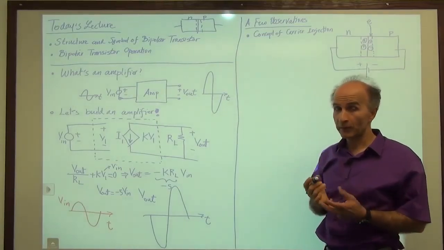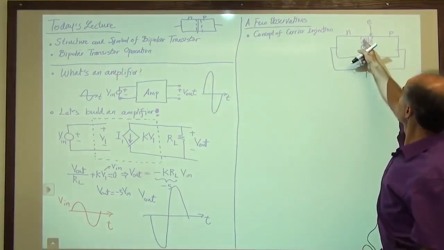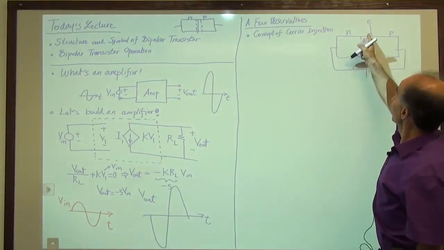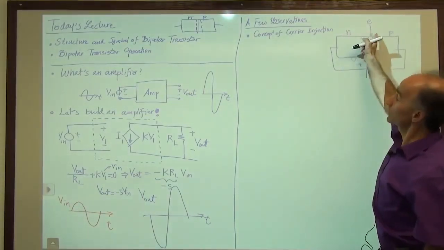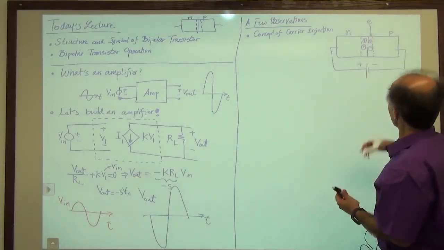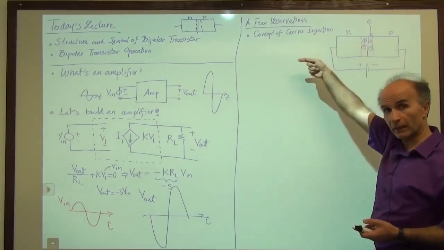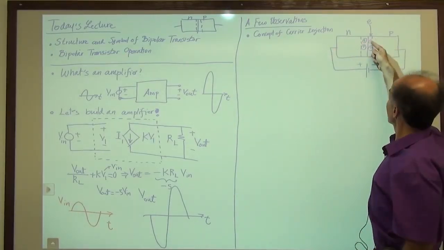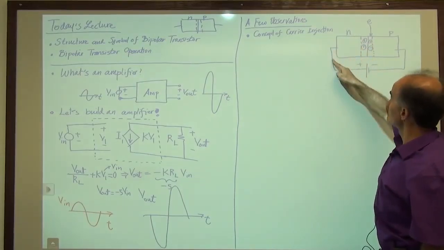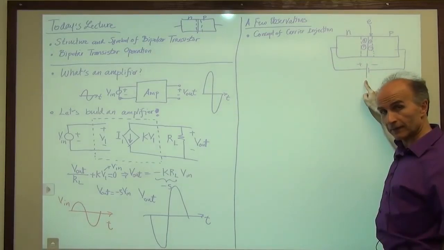Well, you have to remember what the electric field looks like. The electric field in this region is pointing this way, from left to right, from positive to negative. So once an electron appears inside that electric field, the electric field pushes it this way. So the electron comes out here and is absorbed, goes through the N section, and is absorbed by the battery.